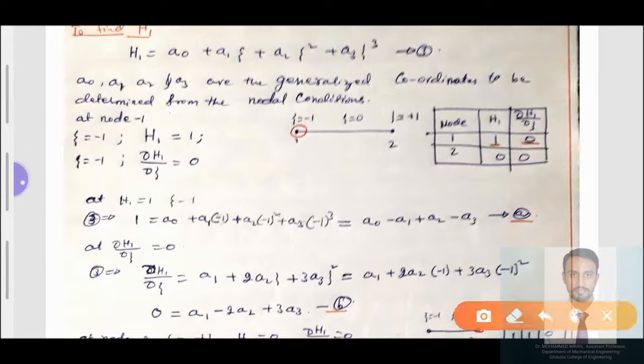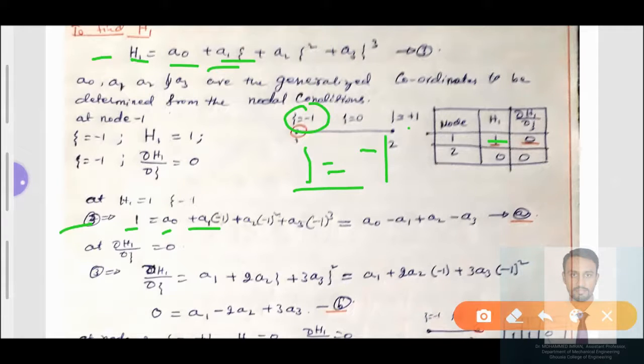What will happen to equation number 3: h1 becomes 1, and a0 plus a1 zeta, where zeta is -1 at node number 1, gives 1 is equal to a0 plus a1 into -1, plus a2 (-1) squared, plus a3 (-1) cubed.